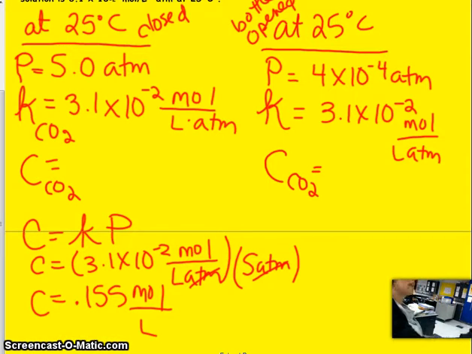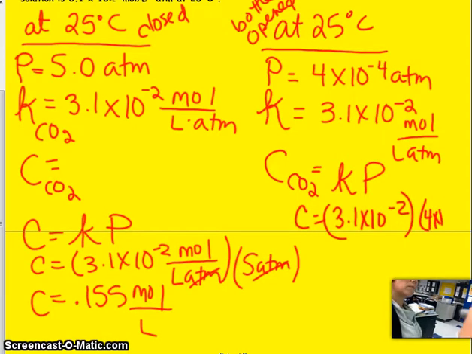If you calculate the concentration over here, you're going to have 3.1 times 10 to the negative 2 times 4 times 10 to the negative 4. And you get 1.24 times 10 to the negative 5 moles per liter.